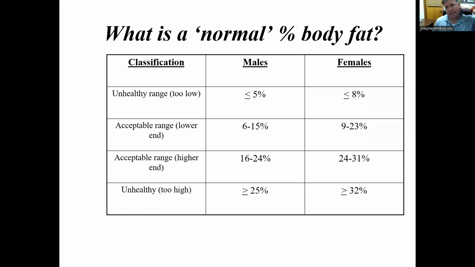Okay, I really like this chart. I just want you to know that, because when it comes to percent body fat, we need to look at ranges, because people are of different body types. The ranges I really want you to focus on are the unhealthy range high and the unhealthy range low. You get some of the same risk factors for both, which are cardiovascular disease, diabetes issues, and things like that.